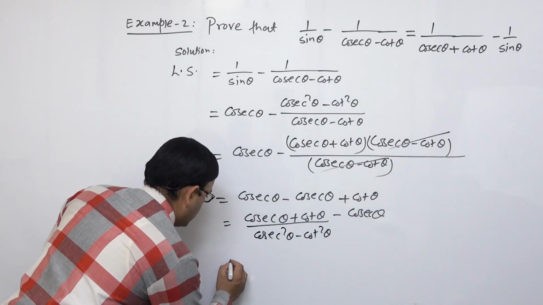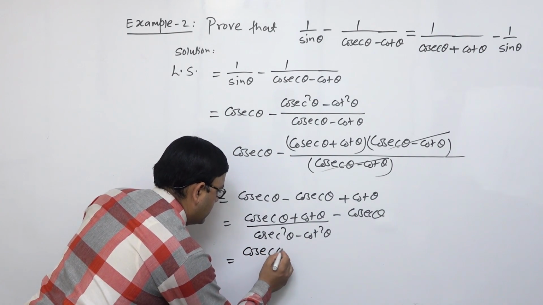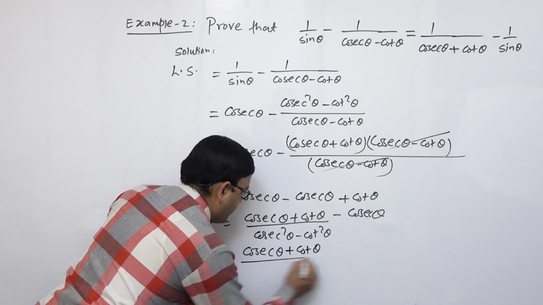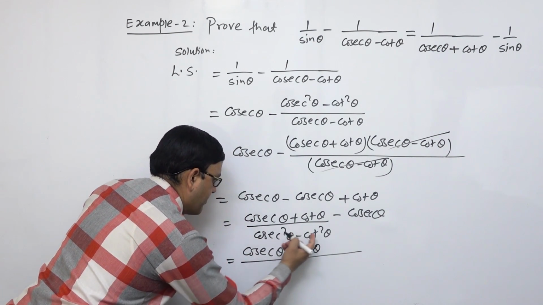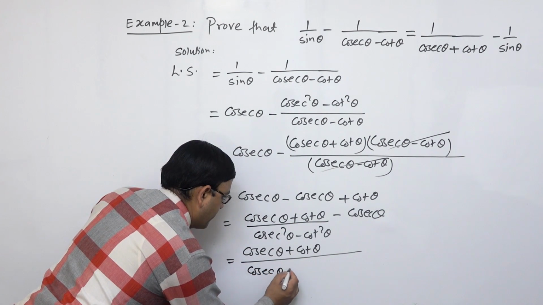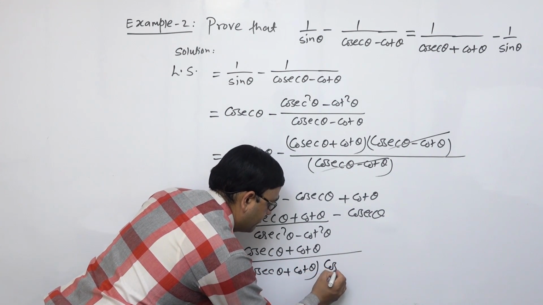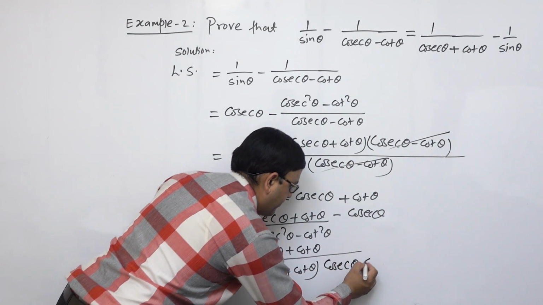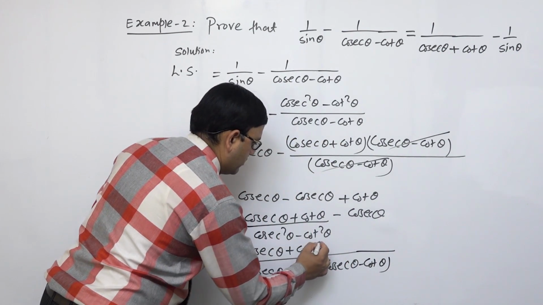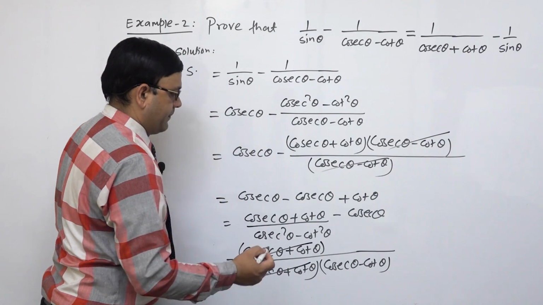So this is equal to cosec theta plus cot theta by, here is a square minus b square, that one is cosec theta plus cot theta times cosec theta minus cot theta. So we can cancel this and this.